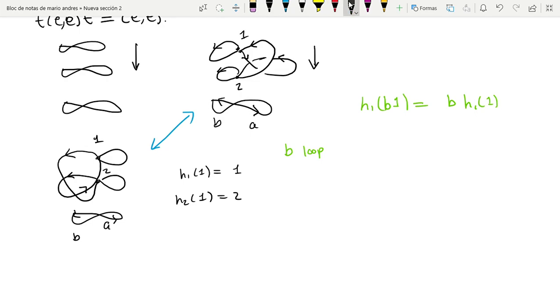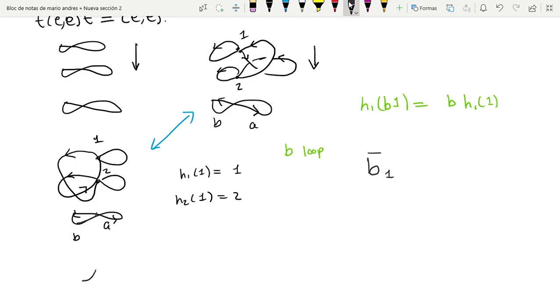So let's see. Let's first determine how V affects 1. Do you remember, it is the lift of the reverse of V, the one which starts on 1, right? So which loop is it? Well, this is the reverse of V, right?